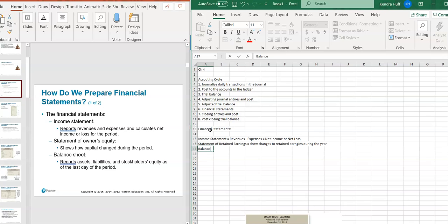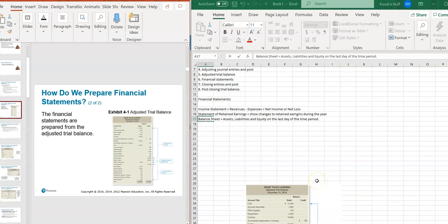And then a balance sheet, which basically shows us our assets, liabilities, and equity on the last day of the period, whatever time period you're looking at. The income statement and the statement of retained earnings cover a period of time. The balance sheet is just a point in time.